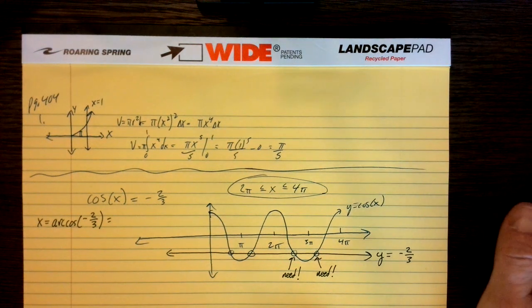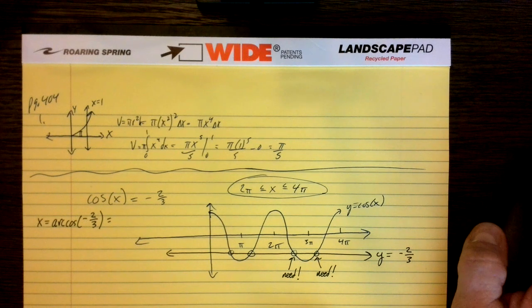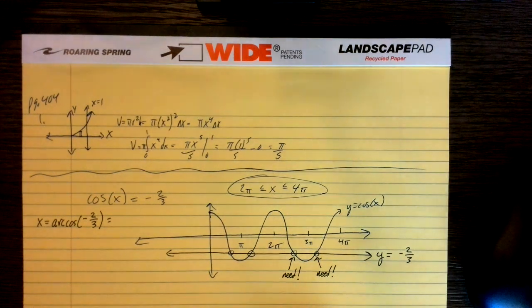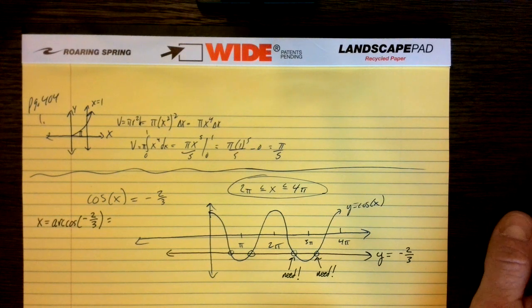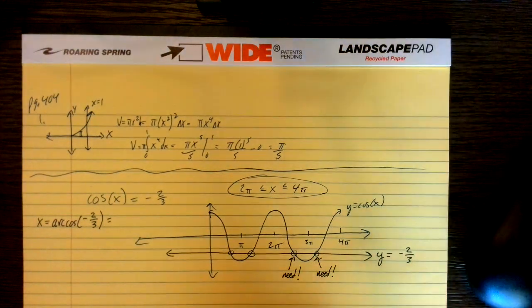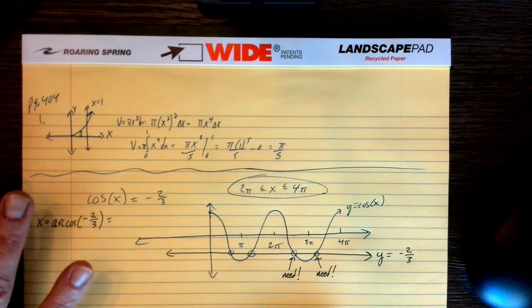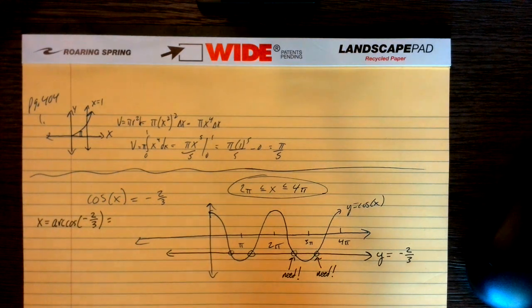Now, I don't have my graphing calculator, so I'm going to go to Desmos, since it's basically the same exact thing as our graphing calculators. Arc cosine, negative 2/3. 2.3005.